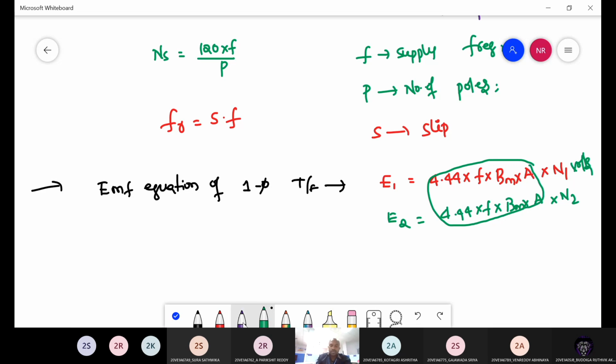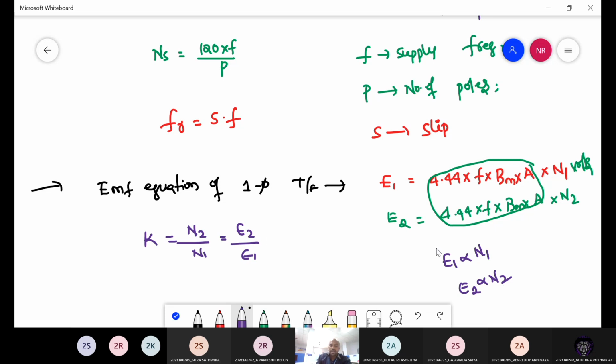So E1 is directly proportional to N1 and E2 is directly proportional to N2. The transformation ratio K is equal to the number of secondary turns to the number of primary turns, so N2 is directly proportional to E2. At the same time, K is equal to E2 by E1.